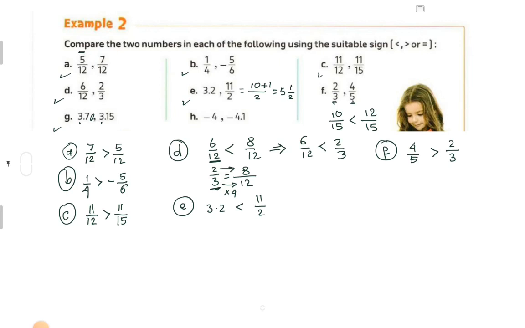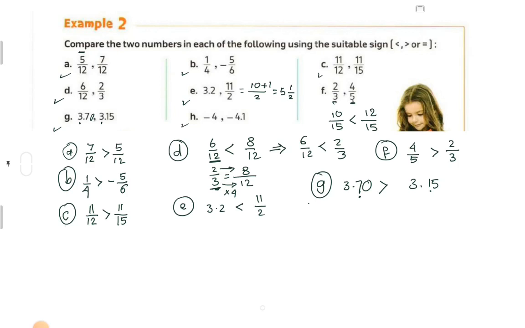So 3.70 and 3.15. Of course, 3.70 is greater than 3.15. So point G, I can tell that 3.7 is greater than 3.15. Just 7 tenths and just 1 tenth, or I can say 70 hundredths and 15 hundredths.